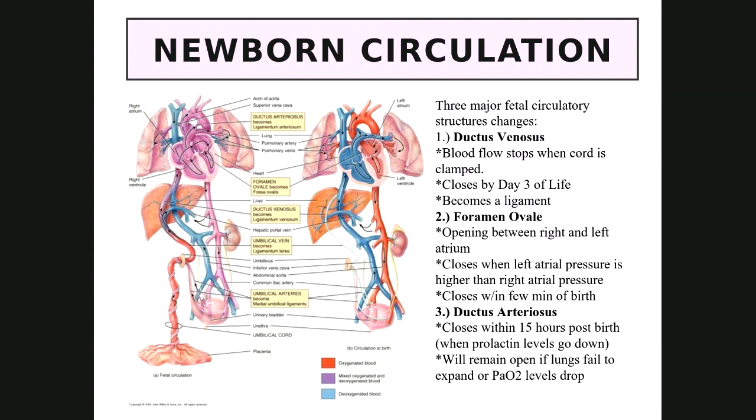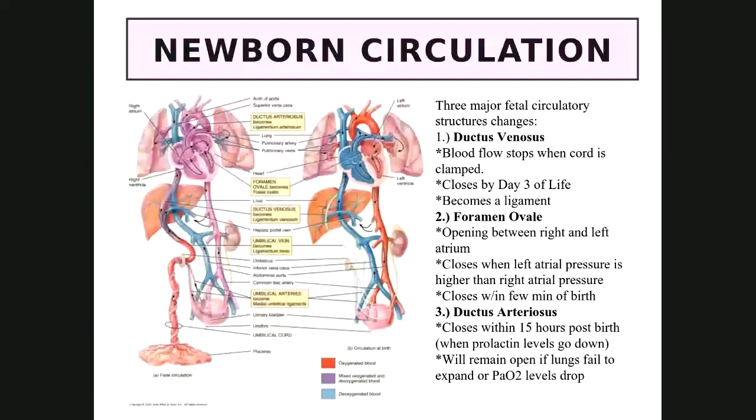Okay, and then the ductus arteriosus closes within about 15 hours post-birth, and this is due to a drop in the prolactin level. So remember, prolactin levels are high when the placenta is there, and once the placenta is removed, the newborn no longer has high levels of prolactin, and so the ductus arteriosus will thus close.